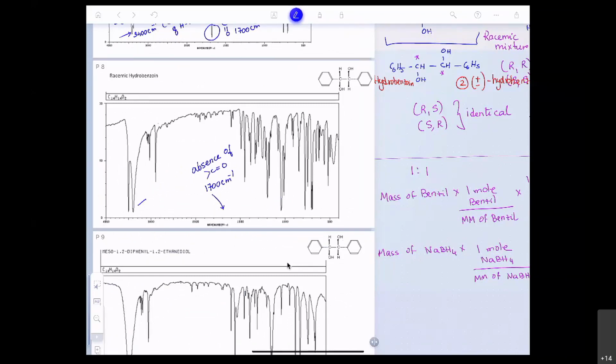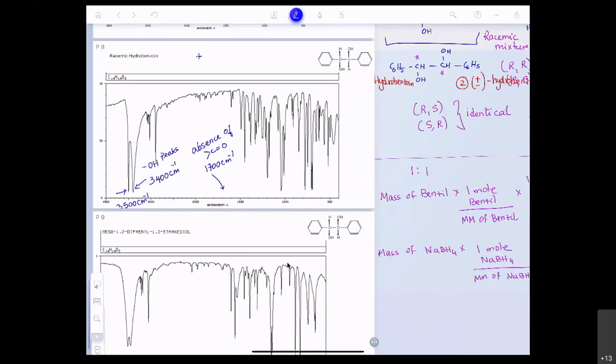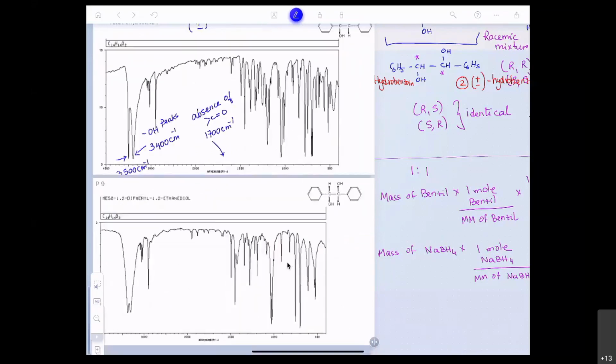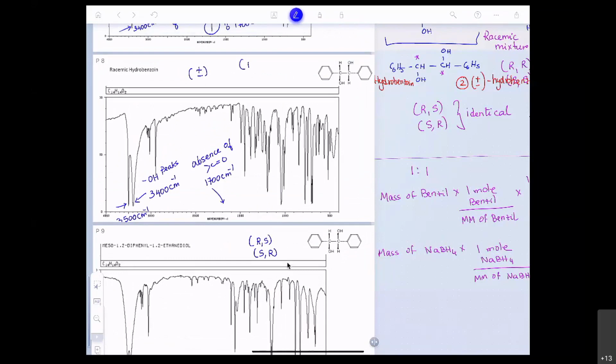and right here is 3400 wave numbers, 3500 wave numbers. You see the hydroxyl peaks. That's your plus minus. This is your meso, which is your RS and SR. This one is your RR and SS.